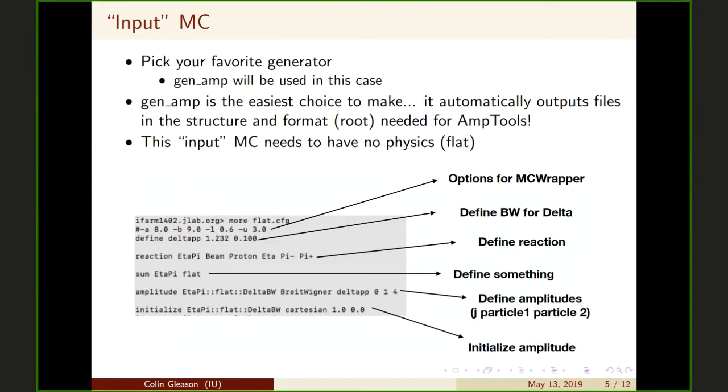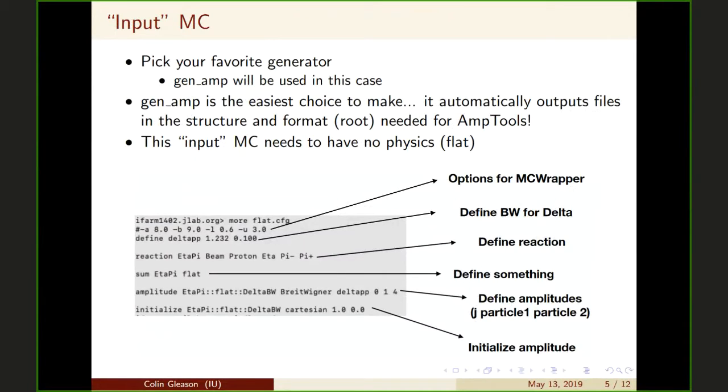And then Thomas can tell you about what the first line means, probably. I think all of these, this is like the lower end of the mass range, the upper end of the mass range. This is maybe a beam energy range, yeah. So in all the amp tools style generators, a lot of them had various command line options. To unify them, all I do is I reserve that top line with the pound sign.